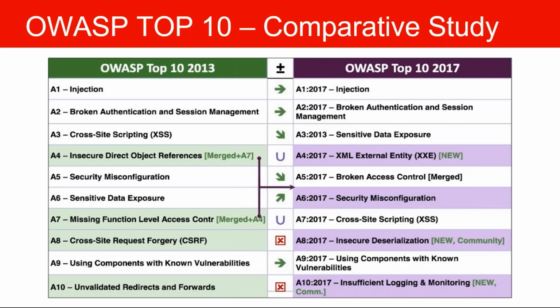Same with CSRF. Today we have the SameSite attribute being put on the cookies, but a lot of these web frameworks also have inbuilt implementation to block CSRF attacks by generating CSRF tokens randomly, right? So first is web frameworks, and second is the browsers.